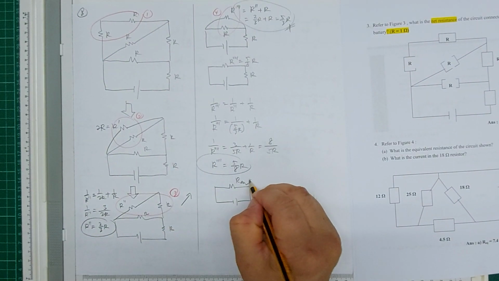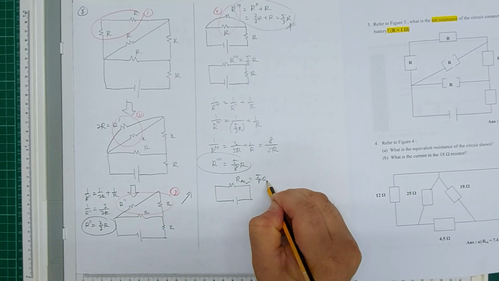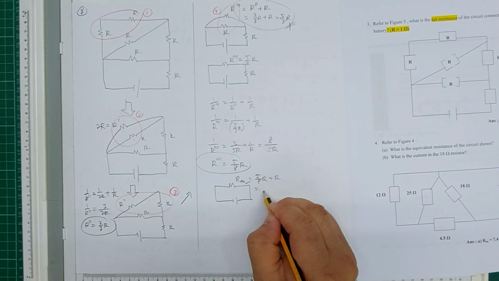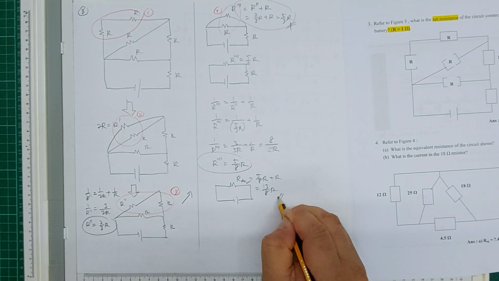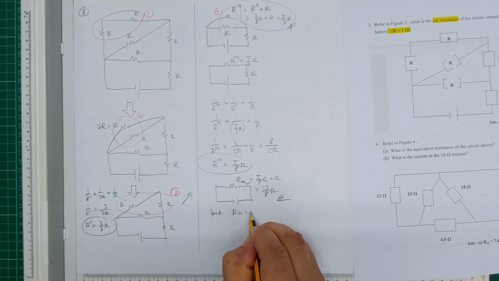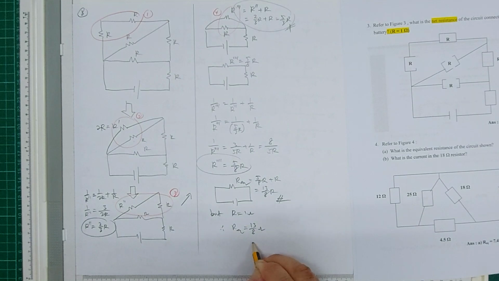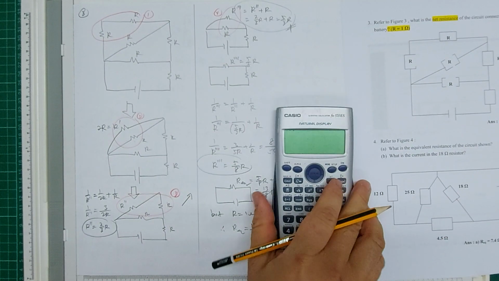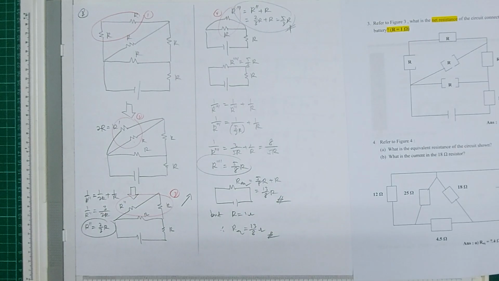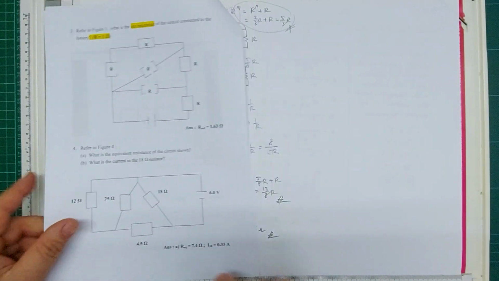So since it is series, our equivalent resistance can be summed up directly: 5 over 8R plus R. So it's going to become 13 over 8R, but we know that R is equal to 1 ohm, so our R equivalent is equal to 13 over 8 ohms. Is 13 over 8 ohms equal to 1.6? Well, just divide, then you know. 13 divided by 8, yes, 1.63. Okay, done.